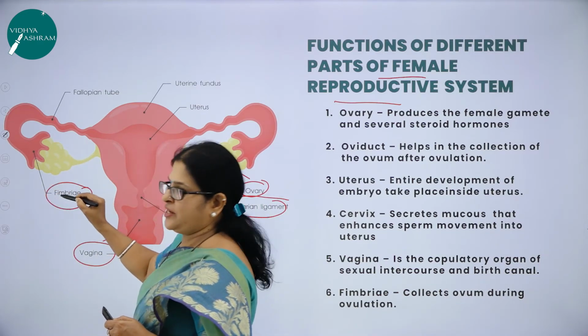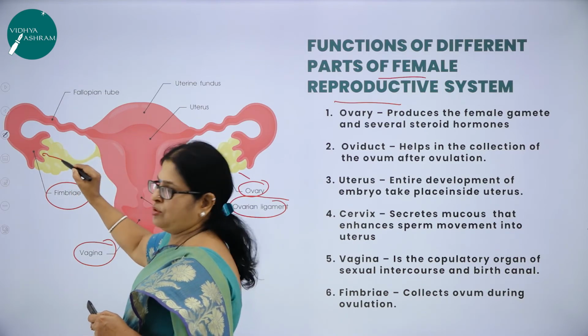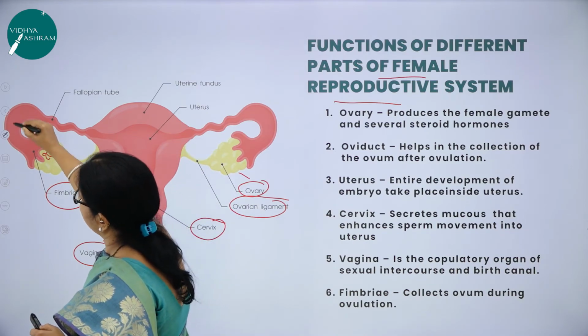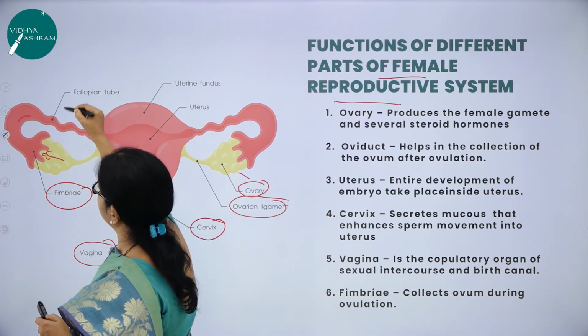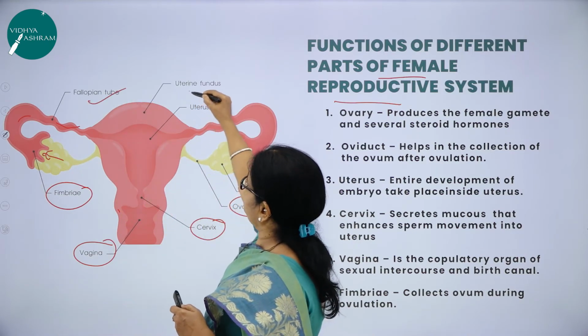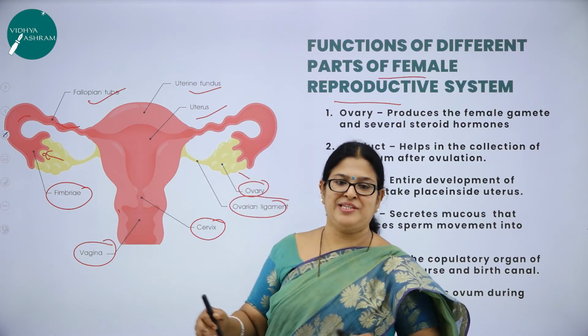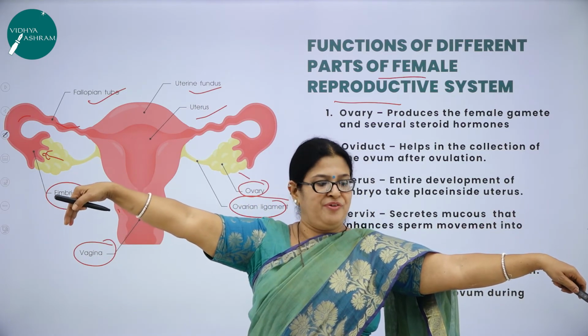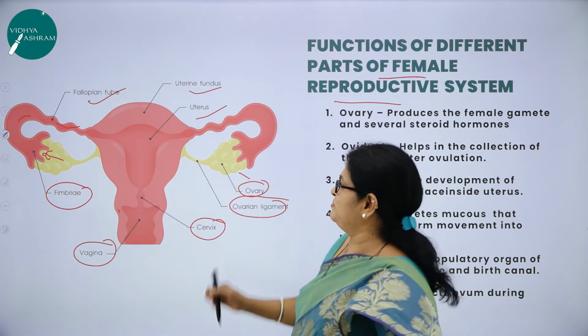This is called fimbriae, which receives the ova expelled by the ovary, right? And next to the fimbriae you can see the shoulder-like structure called the infundibulum. Then you can see this pipe-like structure called the fallopian tube, then the uterine fundus, then the uterus. More or less, when you stretch your hands like this, it looks like the female reproductive system, right?